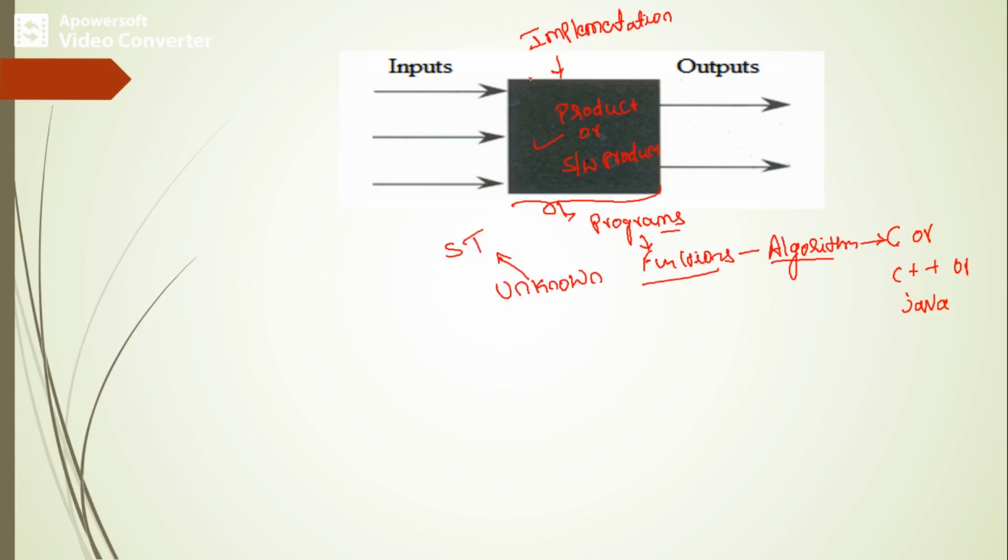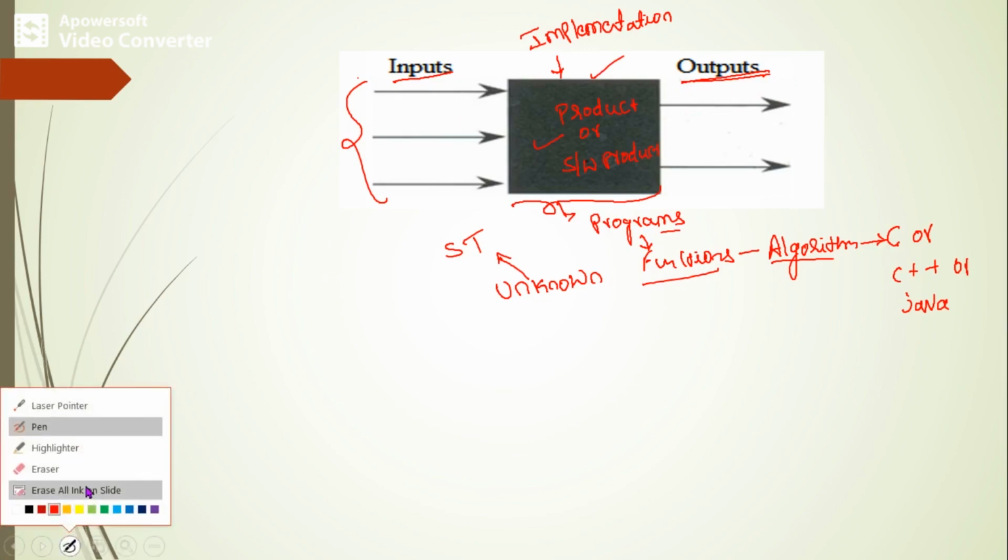The tester will test this whole system based on the set of input domains as well as output ranges. Clear? Means he will give some set of input parameter list, and for this input parameter list he will be expecting the output result. If he is getting the expected output result, then there are no bugs in this product, else there are some bugs in this product. This kind of testing technique we are calling a black box testing technique. I think it's clear to all of you.